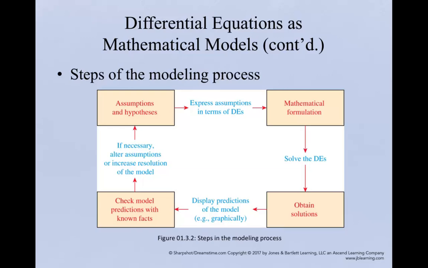If I let y be the population, then dy/dt would be the change of the population as a function of time. I could then come up with some hypothesis that describes the rate of change of a population. So I then have to come up with an equation for that, and often that equation contains first or second or even higher order derivatives.